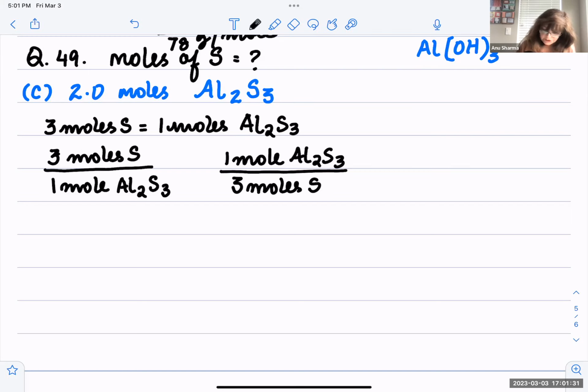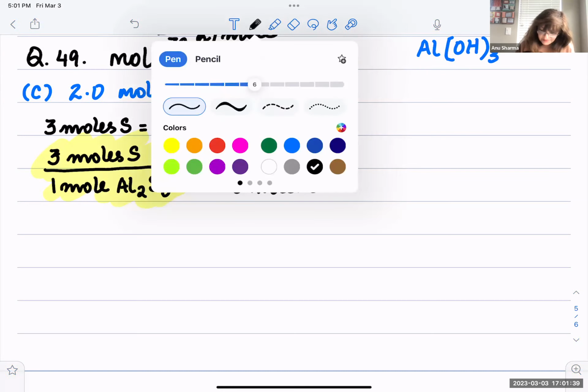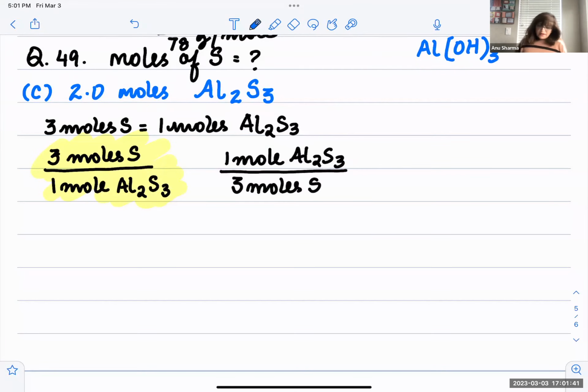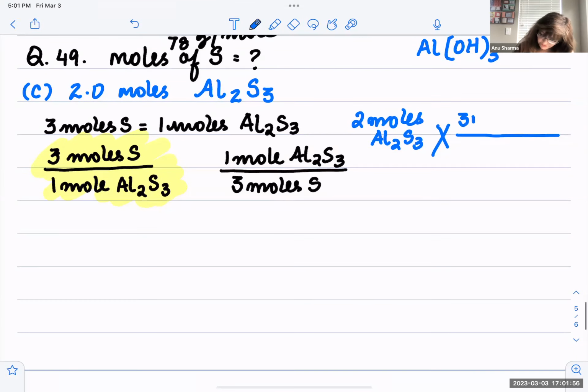Okay, so 2 moles. We are going to use that conversion factor, which gives you the moles of sulfur. So this is the one. I just needed to show the other one, but we will use this one because that will allow us to cancel out the moles of the given Al2S3. So you are given 2 moles of Al2S3, times 3 moles of sulfur over 1 mole of Al2S3.